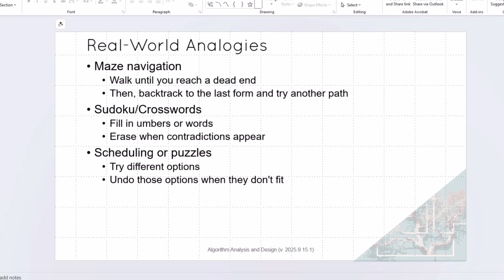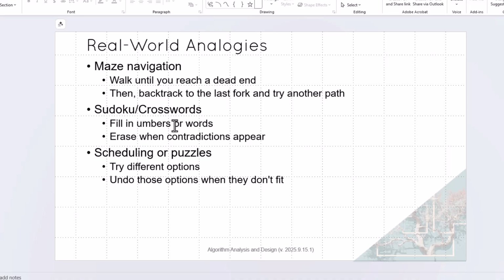Real-world analogies, or situations where you could use it. Maze navigation, so walk until you reach a dead end, and then you would backtrack to the last fork. And try another path.